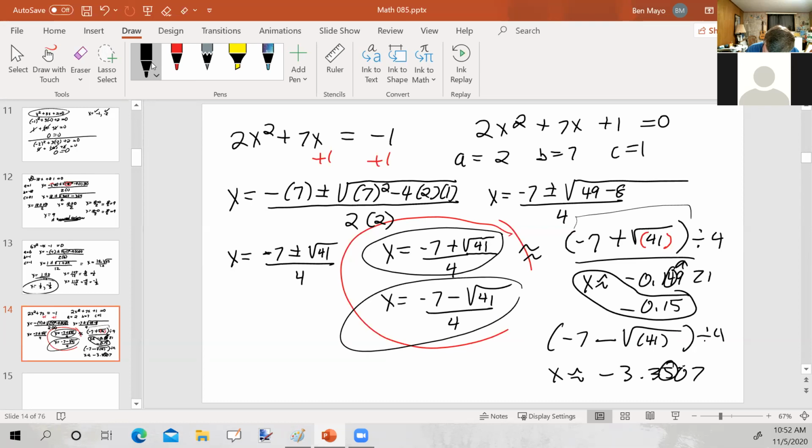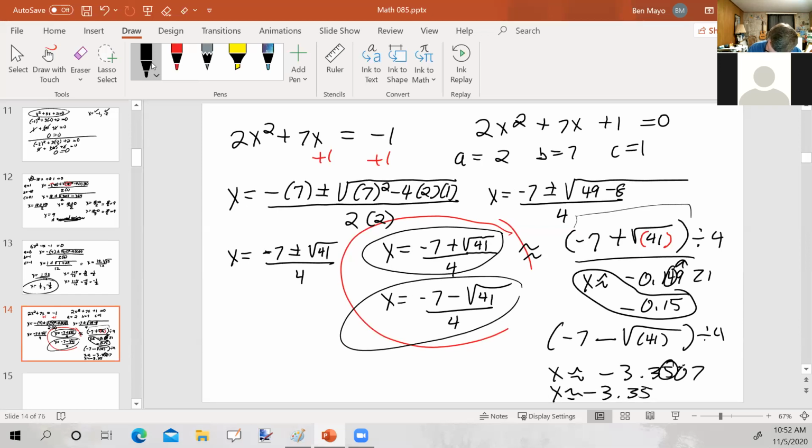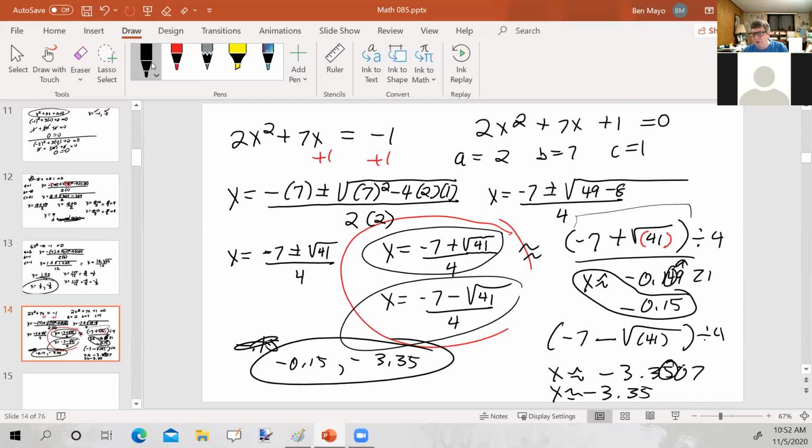So the 0 rounds down, so you end up with -3.35. So what did I get? I got -0.15 and -3.35. Those are my two solutions.